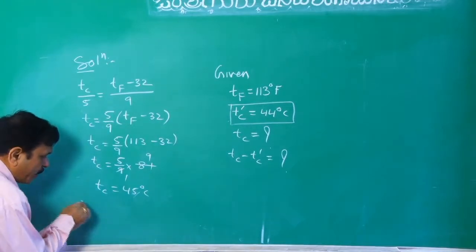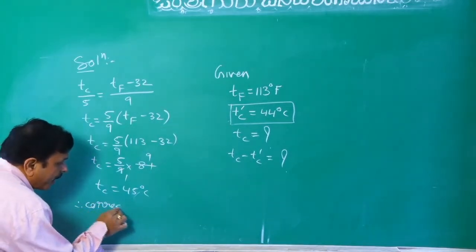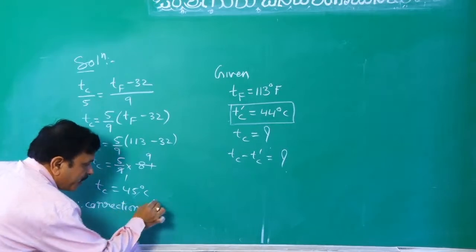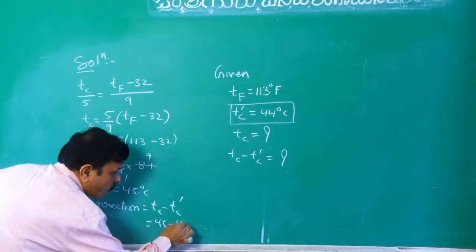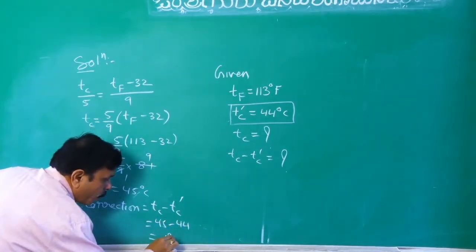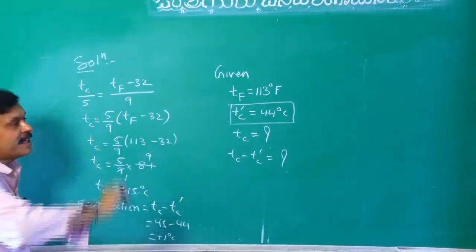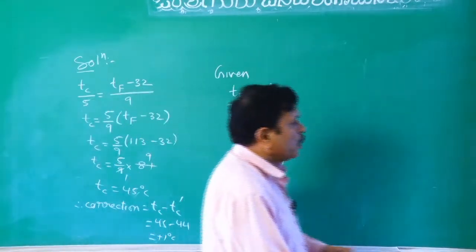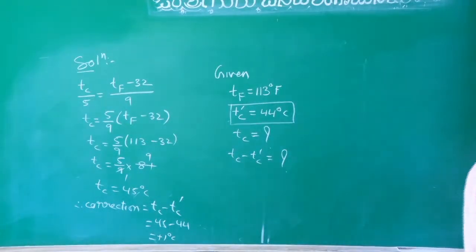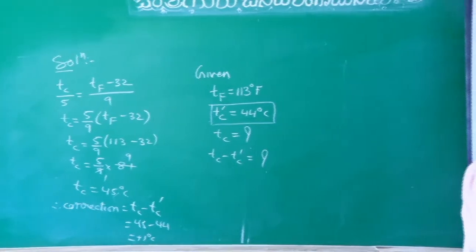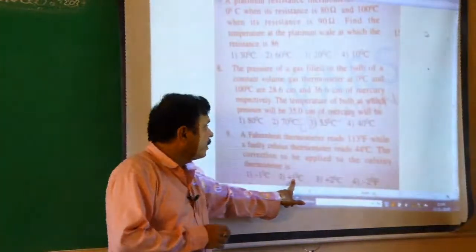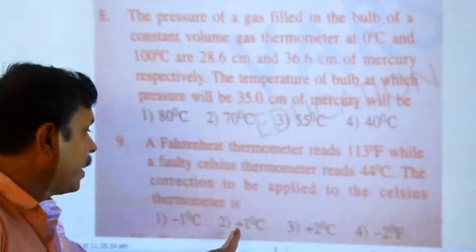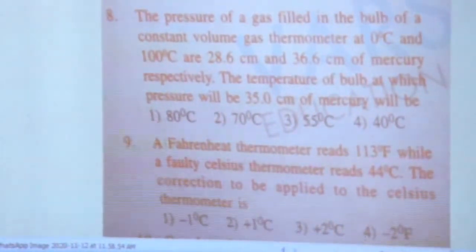So what is the correction applied? Correction is equal to Tc minus Tc dash, 45 minus 44, which is 1 degree Celsius. The answer is given in plus or minus, so we choose the option plus 1 degree Celsius. The reading is 44 degrees; if you add 1 to it, the Celsius thermometer becomes a correct thermometer. Right?